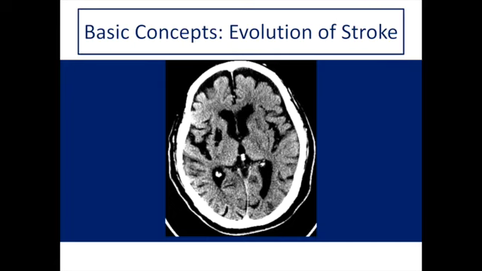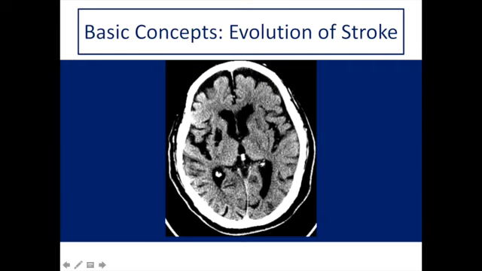The third concept to know about ischemic stroke is the evolution of stroke over time, and it's very important to know. Confidently calling a stroke old versus something acute or subacute obviously has clinical implications. In the simplest terms, in general, the infarcted tissue decreases in density over time. So here we have an example of an acute stroke in the left MCA territory.